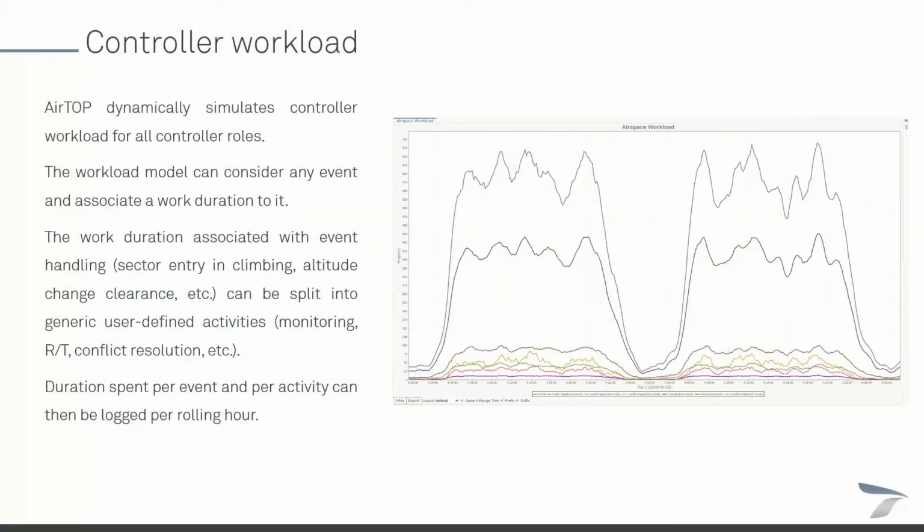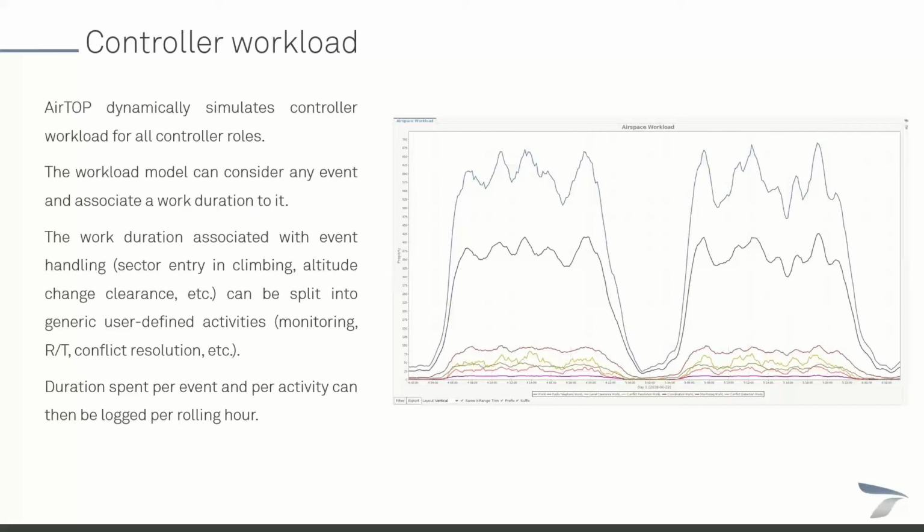Another important aspect of modeling and simulation of the airspace is related to the controller's workload. While the measurement of capacity, delay, fuel burn, and emissions is fairly straightforward, the controller's workload is an abstract and subjective indicator, meaning that given the same demand of traffic in a sector, two different controllers might provide different feedback on their workload.